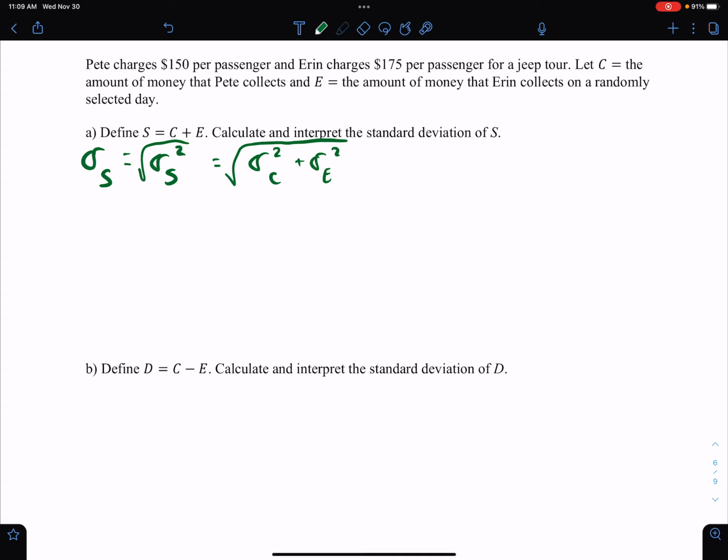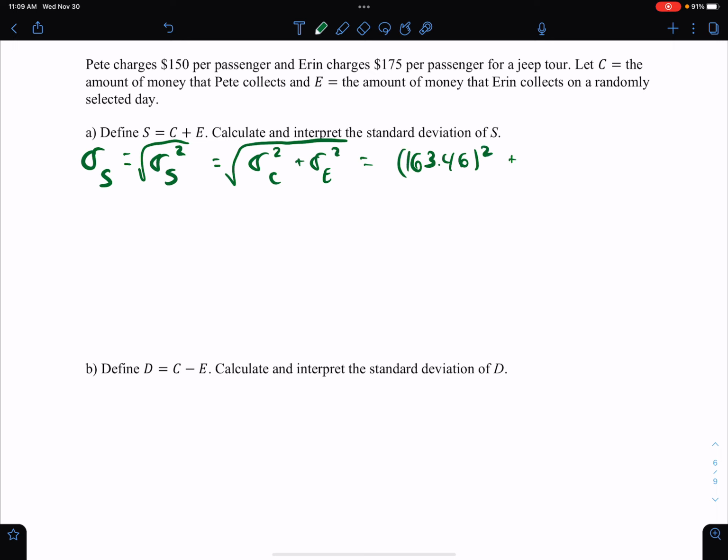Now, both these two numbers are from back in the notes packet. We found them, but the standard deviation for C was 163.46, and that's the standard deviation, so we've got to square it.